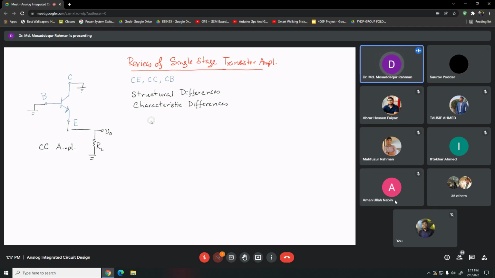Right. Input we apply to the emitter. Input applied to the emitter and output taken from collector.